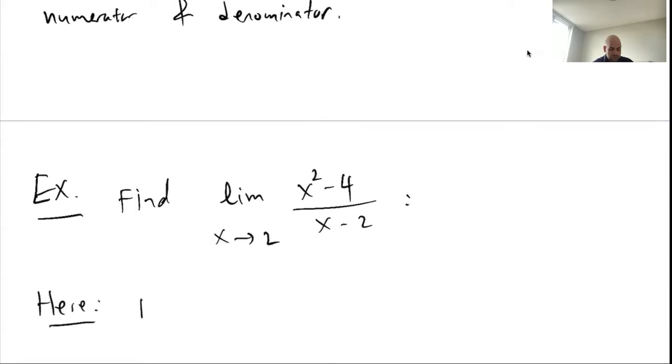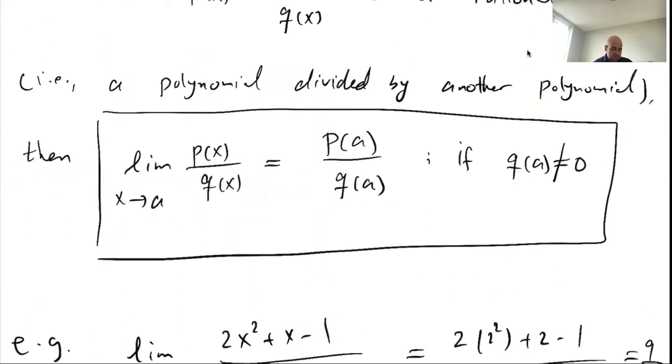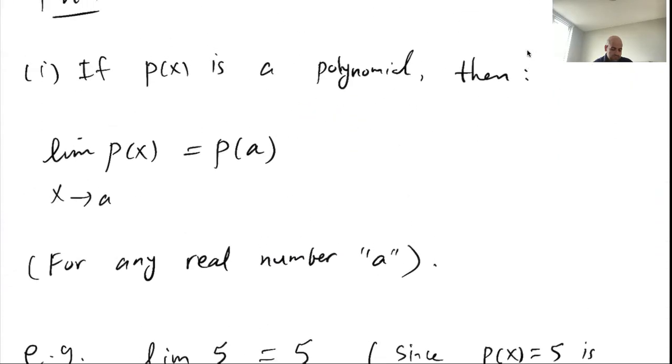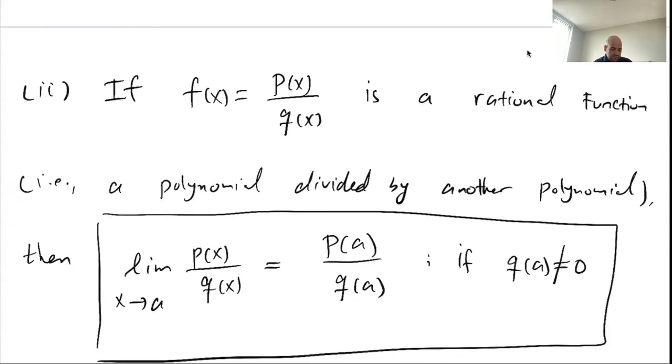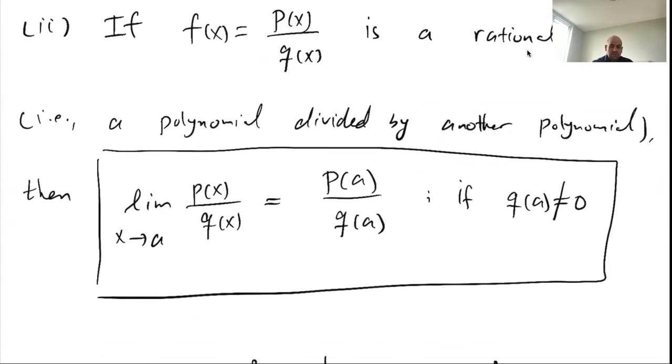Here P of x is x squared minus 4, and Q of x is x minus 2, and Q of 2 is 0. So see, the theorem told us that if the denominator at a is not 0, just simply replace x with a, very straightforward.